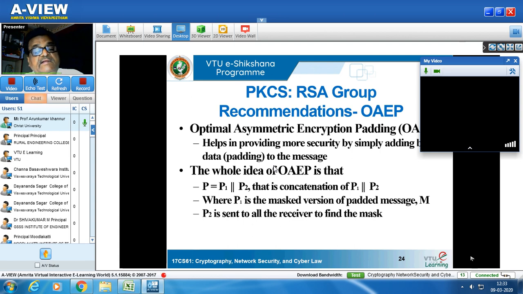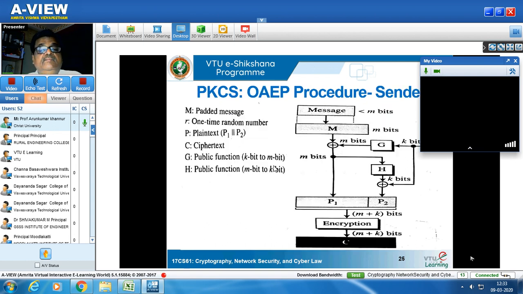When it comes to the receiver side, P1 is the padded one and P2 is the plain text which has been transmitted. So P2 is sent to the receiver to find the mask. How is it working now? Let us see that.